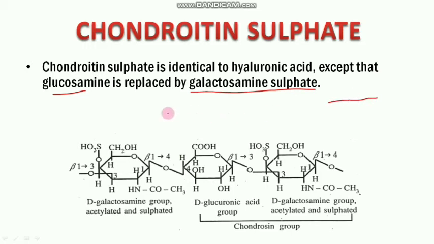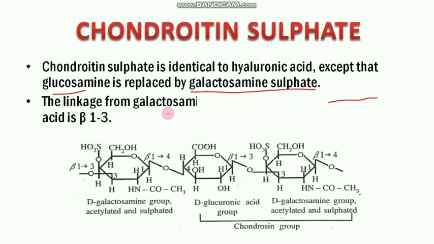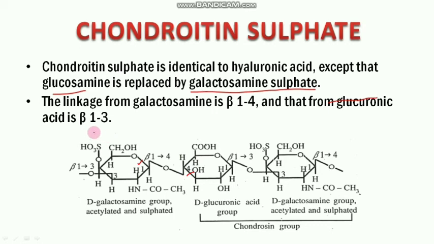Now let us see how the molecules are linked in chondroitin sulfate. The linkage from N-acetyl galactosamine is beta-1,4. That means the first carbon of beta-N-acetyl galactosamine is linked with the fourth carbon of beta-glucuronic acid.